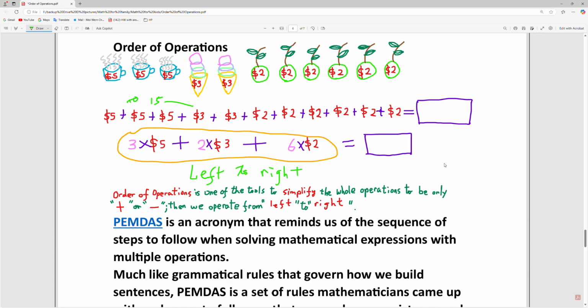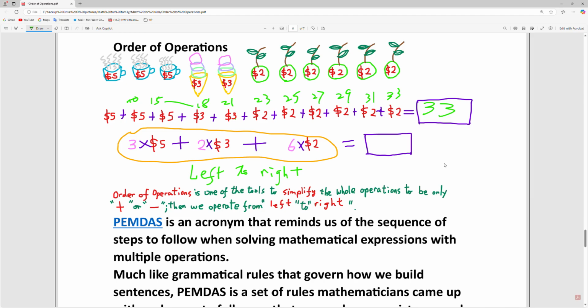So 15 plus 3, 18. 18 plus 3, 21. 21 plus 2, 23, 25, 27, 29, 31 plus 2, 33. So your answer is 33. It should be right, and it's okay. You can do whatever you want.